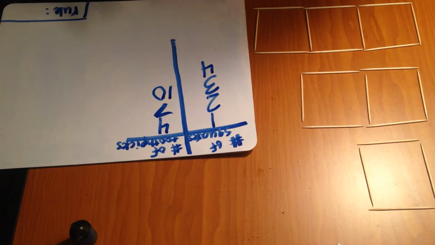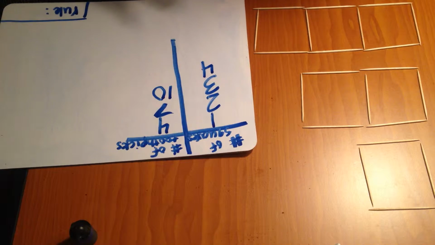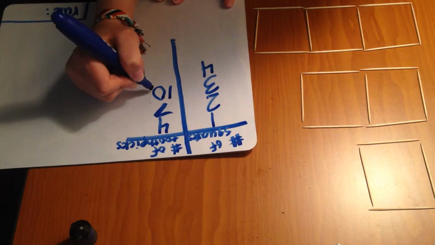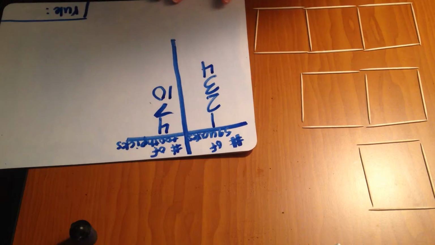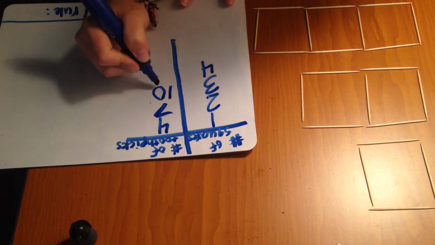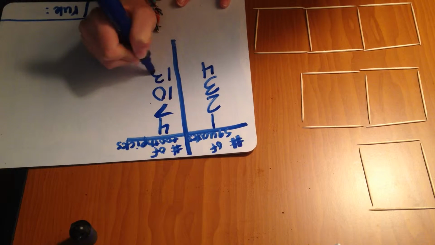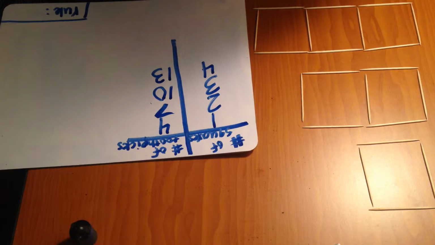I know with patterns that if something's happening, it's going to continue to happen each and every time. So if I'm going up by 3, I can continue doing that. 10 plus 3 is 13, and that means there are 13 toothpicks if I create 4 squares.